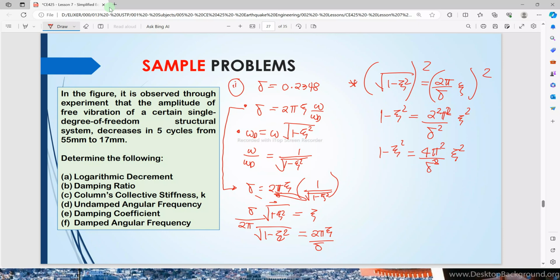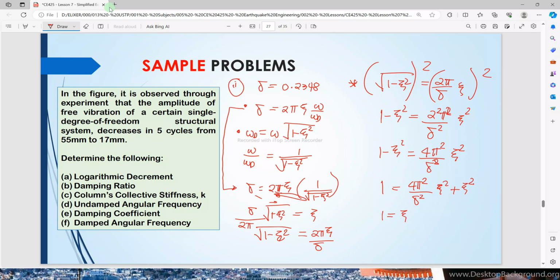If we transpose psi squared to the right hand side, we will have 1 is equal to 4 pi squared over delta squared psi squared plus psi squared. And we can factor out the psi squared.